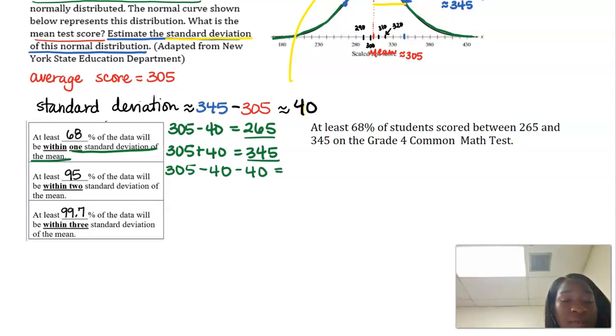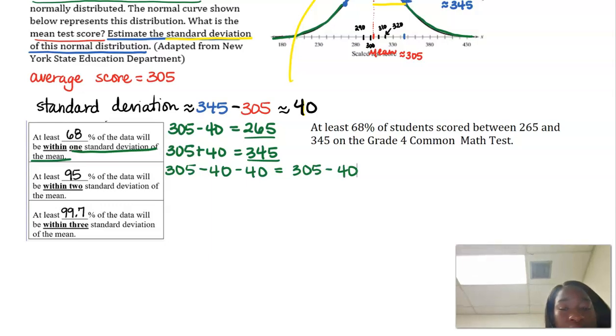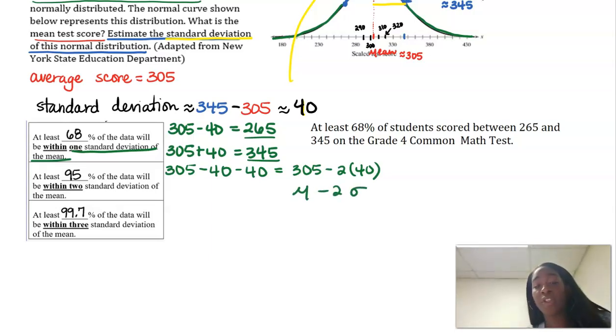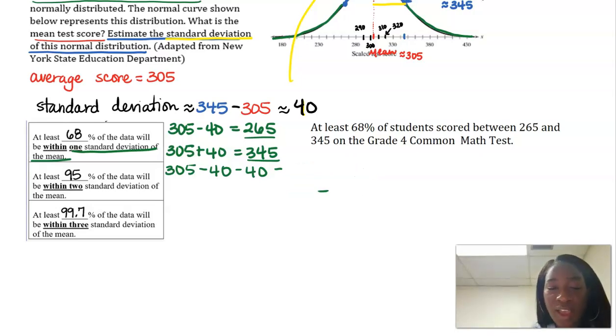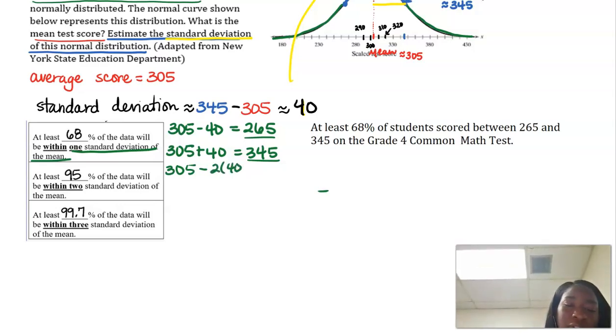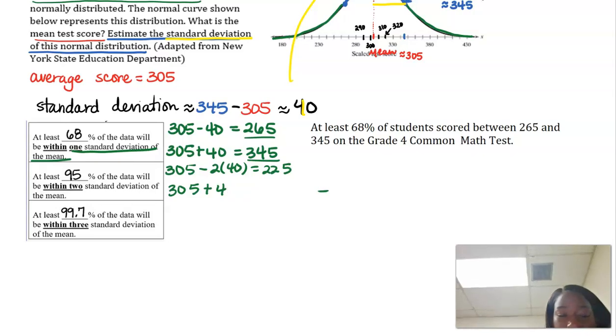So sometimes you'll see that written as whatever the mean is, subtract 2 multiplied by the standard deviation, which is why we had mu minus 2 sigma. So this is 305 minus 2 times 40, which gives me 225. And then I'll take the mean and add the standard deviation twice, to get up to 385.